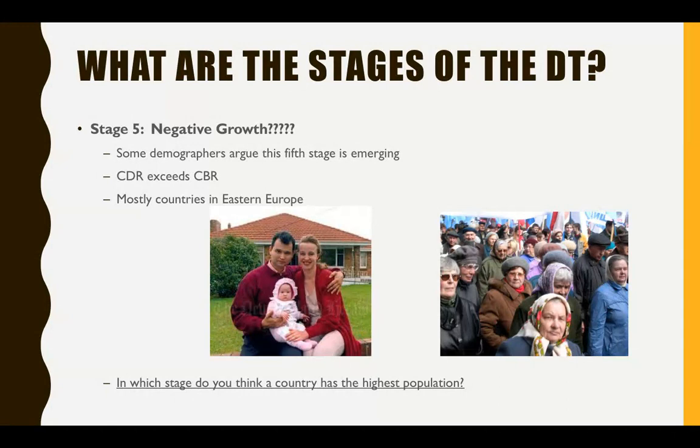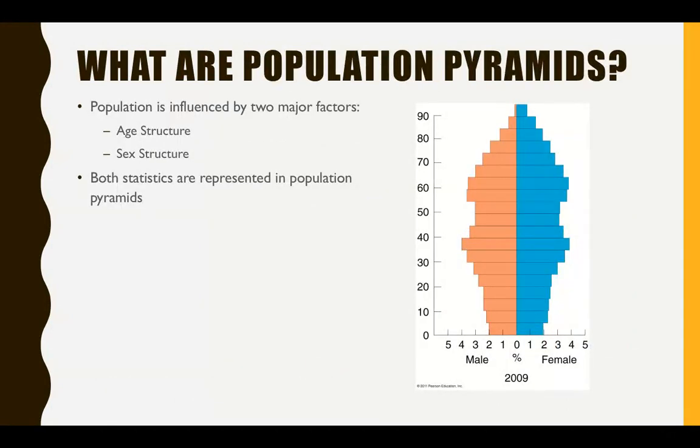All right. We also added on population pyramids. And so population pyramids go right along with the stages of the demographic transition model. The population pyramid you can see here, there's 2 major factors. You have age structure and sex structure located right on the pyramid. It gets its shape based on the crude birth rate.